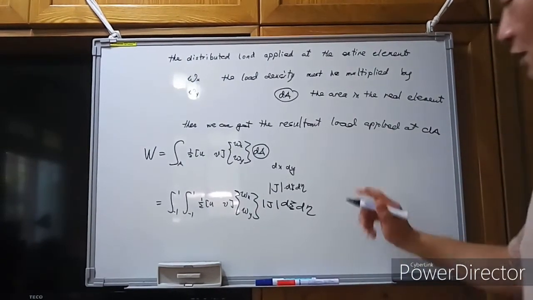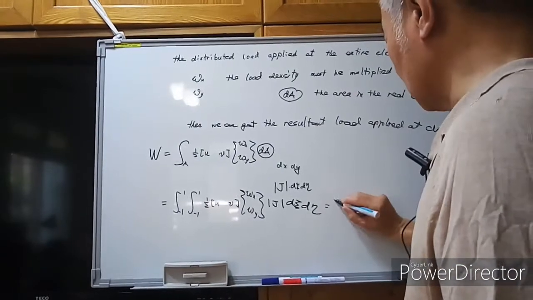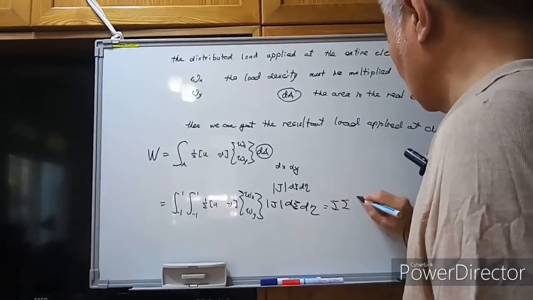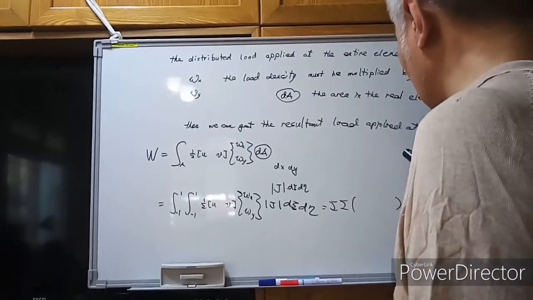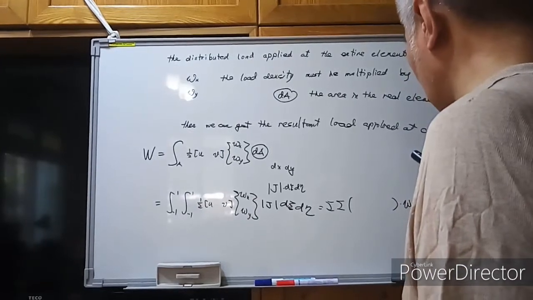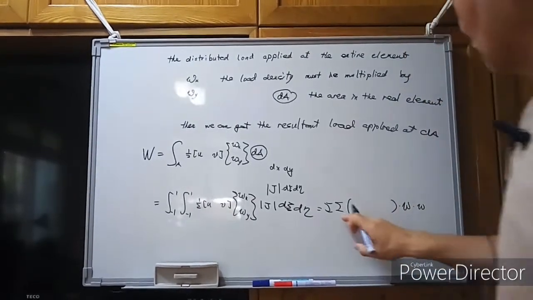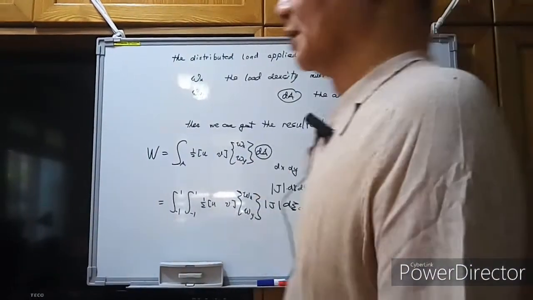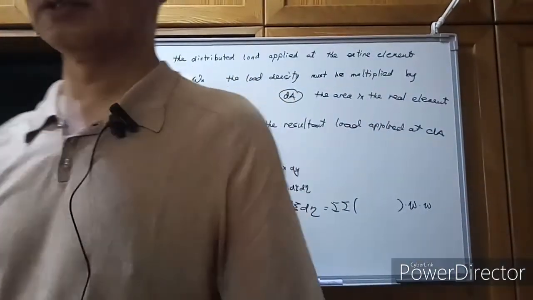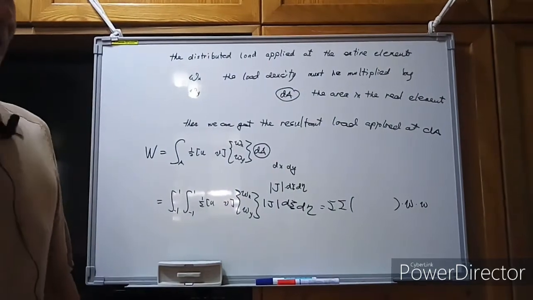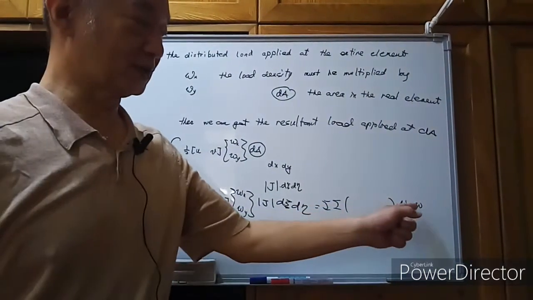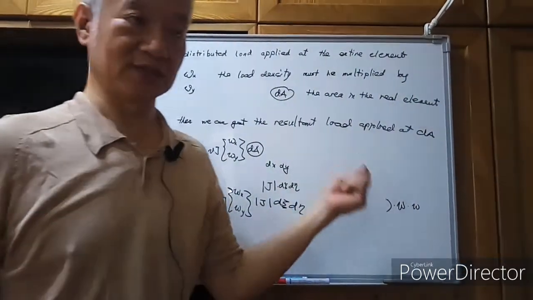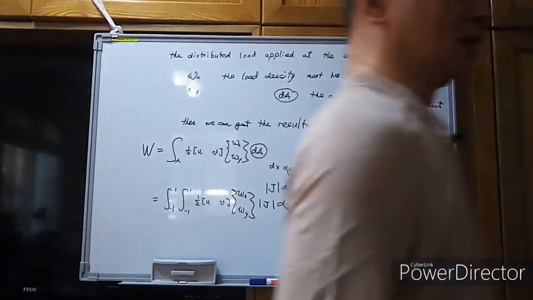So then we can calculate the function values, and multiply them by the 2 corresponding weights along the xi and eta directions.